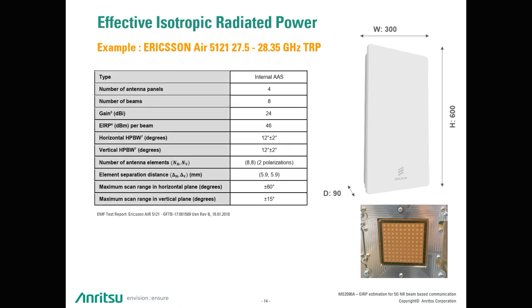Publicly available information reveals some details about the typical 28 GHz TRP, a so-called transmit and receive point from Ericsson. It is the EIR 5121 transmit and receive point. The vendor is specifying an EIRP of plus 46 dBm, which is equal to 40 watt.